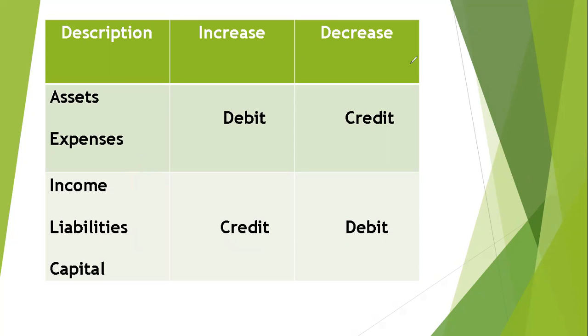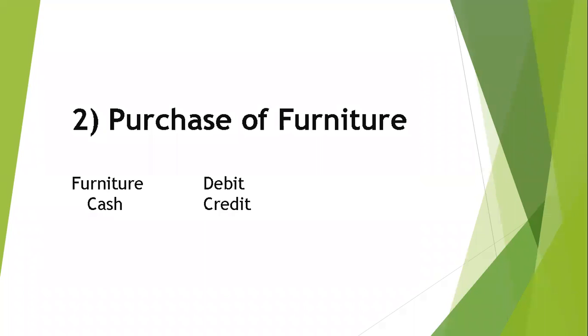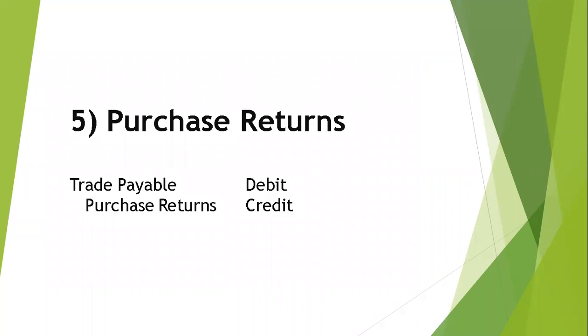So in this example, when we return the purchase, we debit the liability, that means the trade payables account. At the same time, we credit purchase returns, the income account. Purchase returns is a new account. So try to understand this situation.